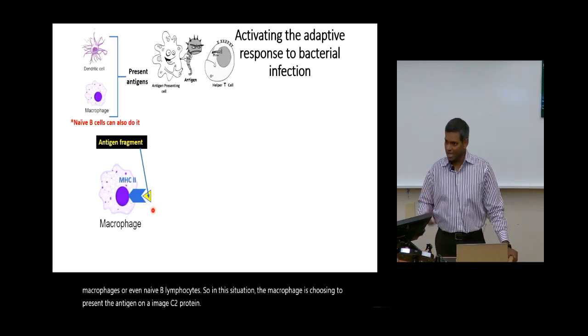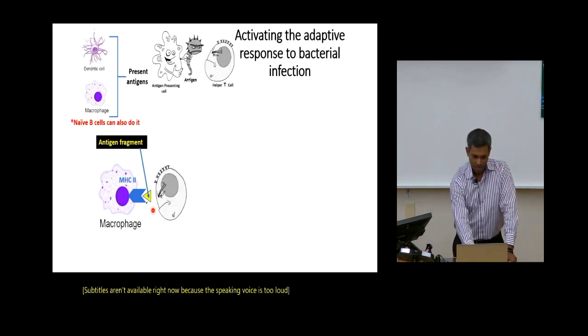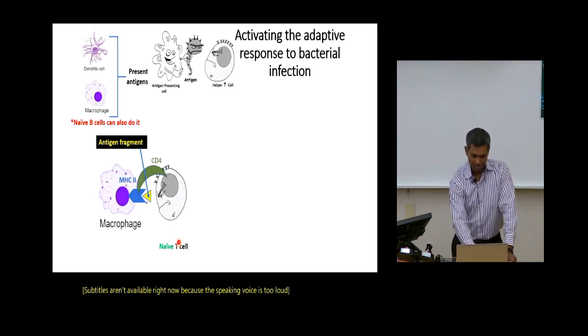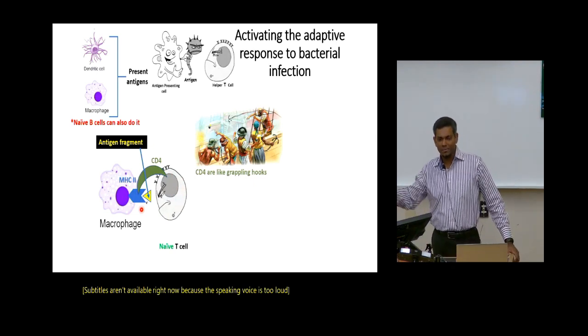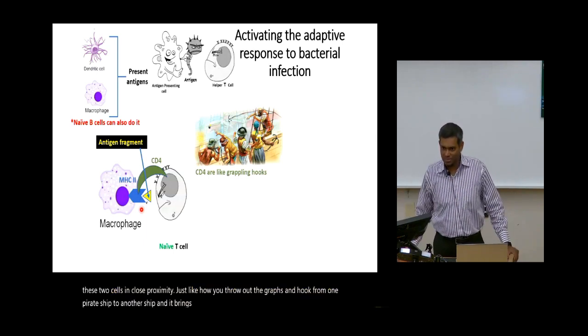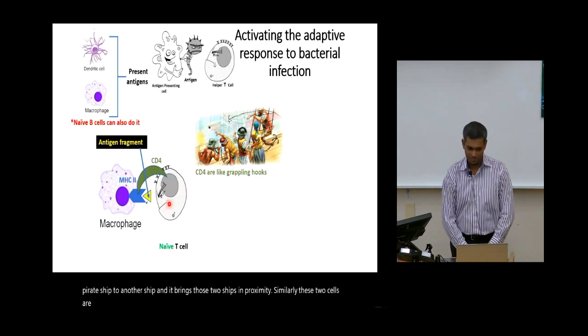And because it's presenting it on an MHC2 protein, this will be attracted to the CD4 cells. And notice that the CD4 cells will bind to MHC2 and bring these two cells in close proximity, just like how when you throw the grappling hook from one pirate ship to another ship and it brings those two ships in proximity.